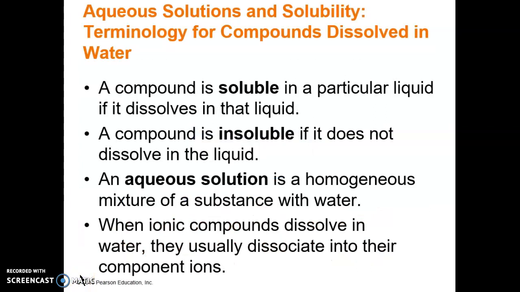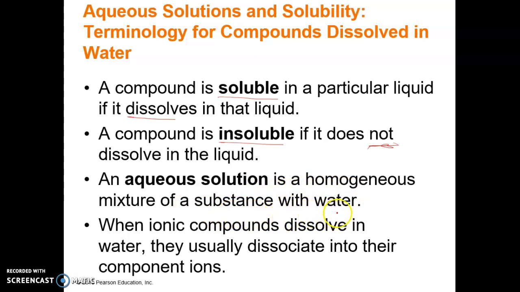So we need to learn the terminology for compounds dissolved in water. A compound is soluble in a particular liquid if it dissolves in that liquid. It is insoluble if it does not dissolve in that liquid. An aqueous solution is a homogeneous mixture of a substance with water.